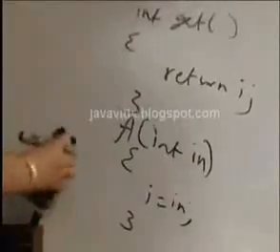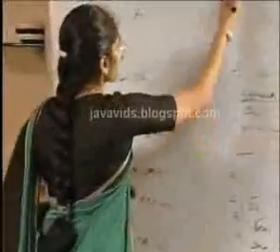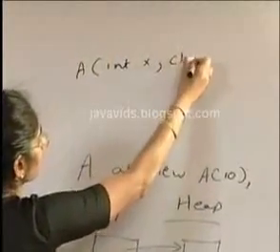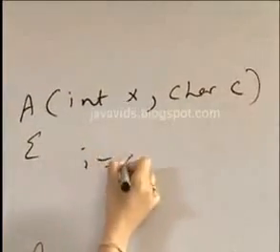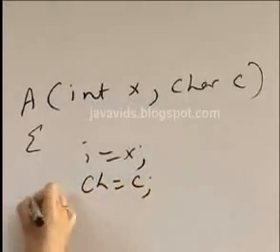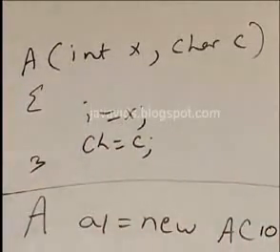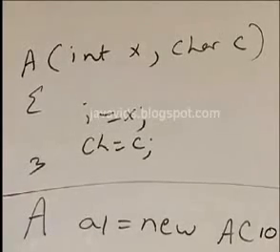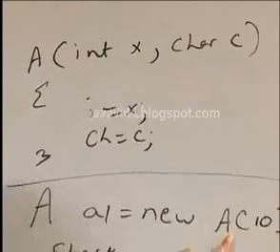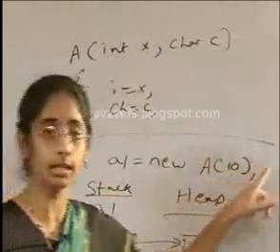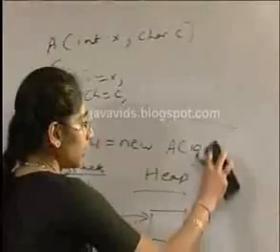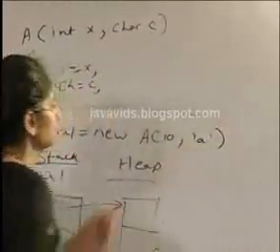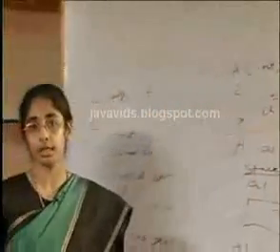You can have any number of constructors in a class. So now there are two ways of creating an instance of this class: either by passing an int value while you are creating an instance, or by passing an int and a character value. Depending on the type of parameters that you are passing when you create an instance of a class, the appropriate constructor will be called.